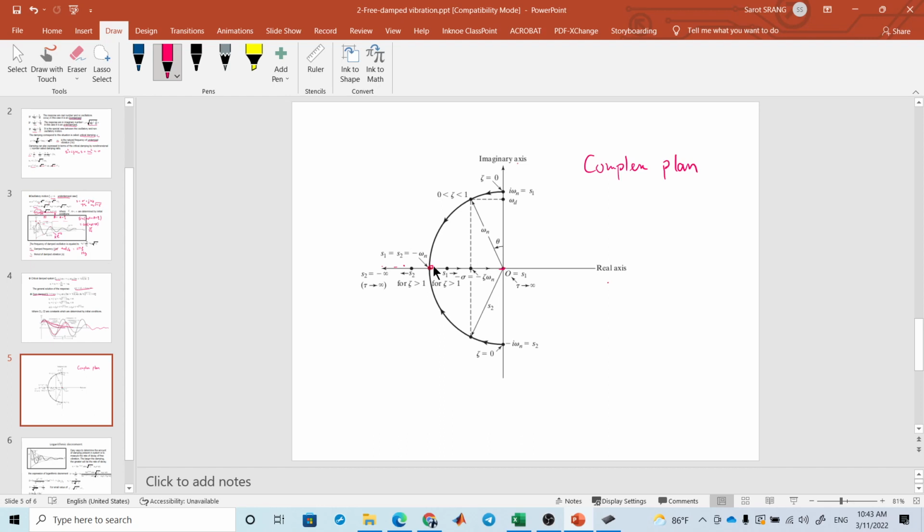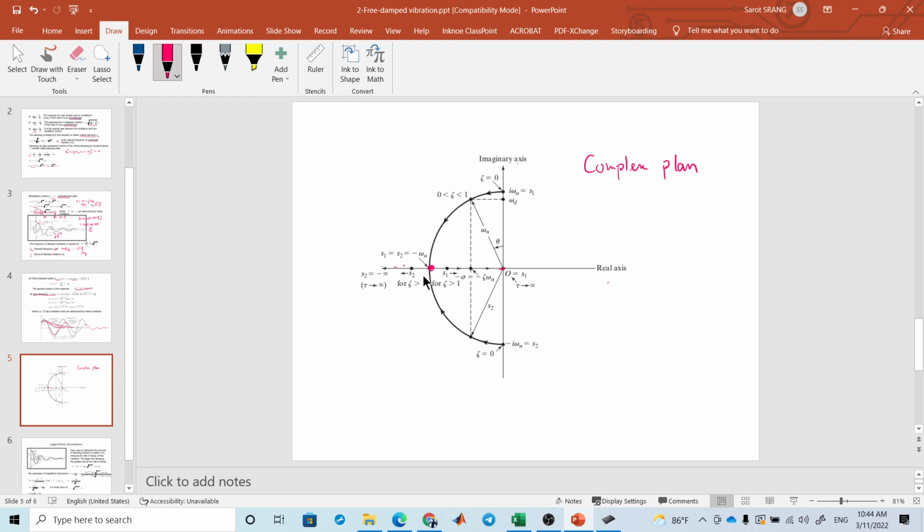So at this point, when zeta equals 1, the damped frequency is 0, because there's no complex part. There's no imaginary part. Oh, yeah, omega n is still there, sorry.